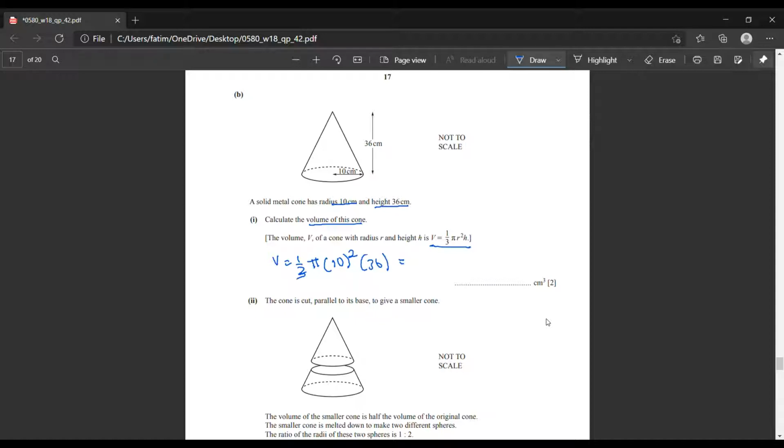I'm just going to calculate this on my calculator. Okay, so that's around 3769.9 centimeter cube, but I'm going to round it to four significant figures.